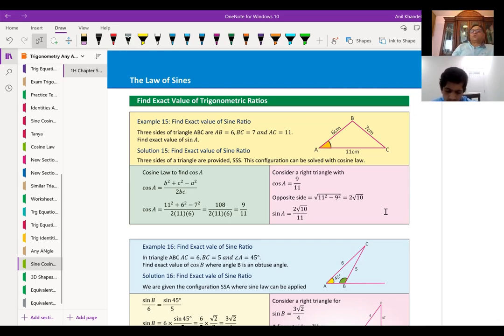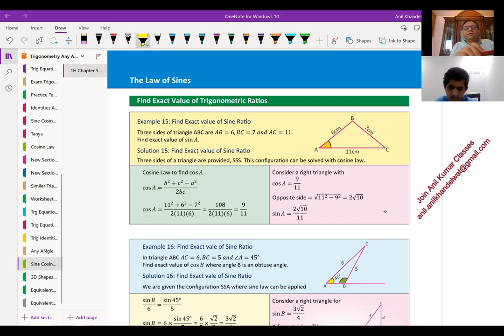Yes, you can use cosine law to solve for angle A. But the answer is to find sine A. So that's the tricky part. Sine A is equal to 0.57.